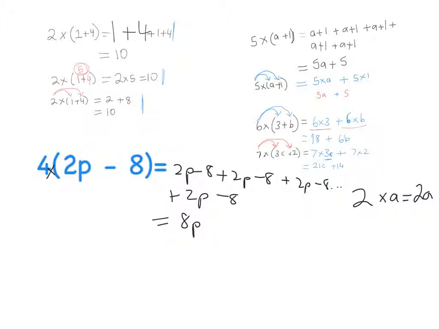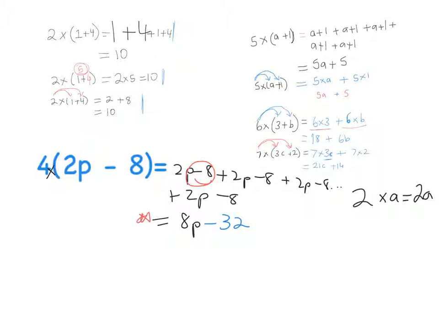We've got take away 8, take away 8, take away 8, take away 8. That means we start at negative 8, and we take away another 8, we end up at minus 16. We take away another 8, we end up at minus 24. We take away another 8, we end up at minus 32. So keep this answer in mind.